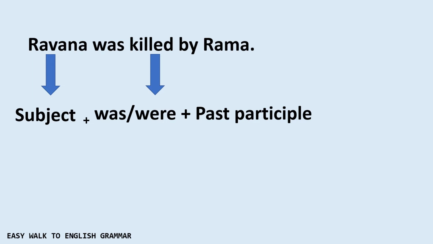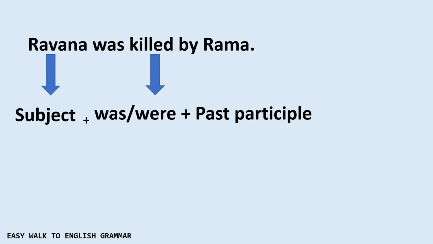That means if the subject is singular, we have to add was, or if the subject is plural, we have to add were. And we have to change the form of the main verb into past participle.